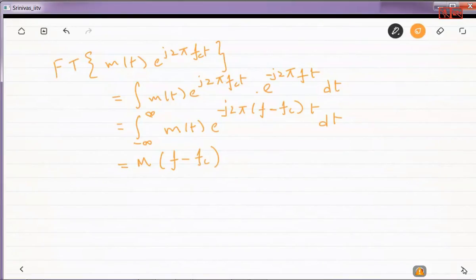Similarly, you will get the Fourier transform of m of t e power minus j 2 pi fct. You can show that.